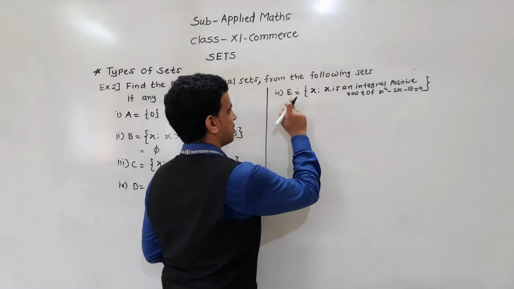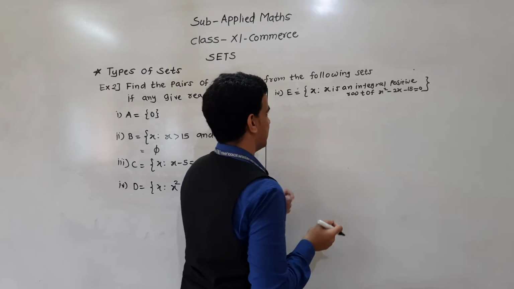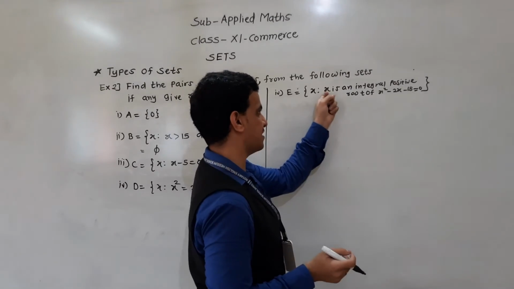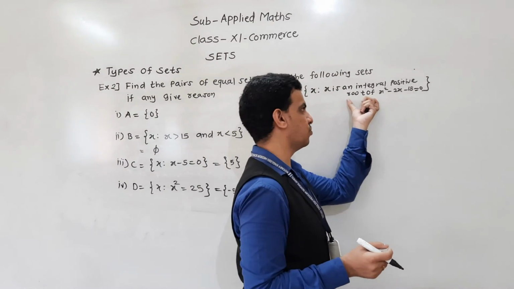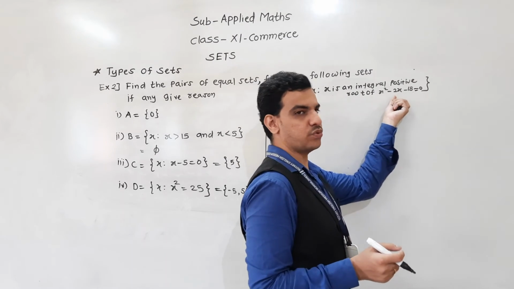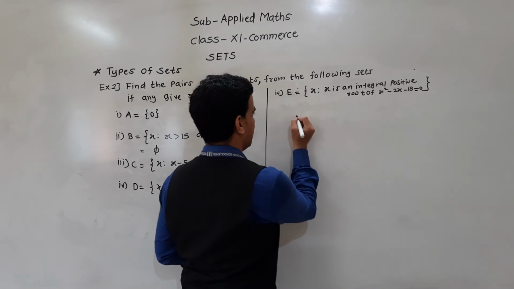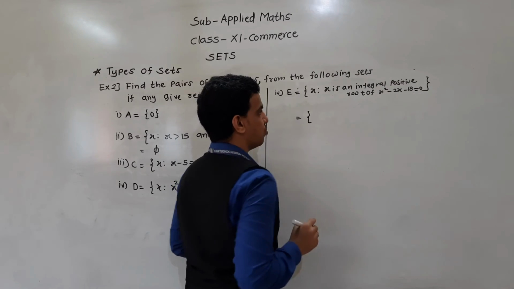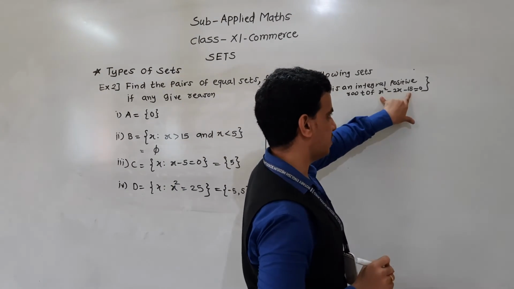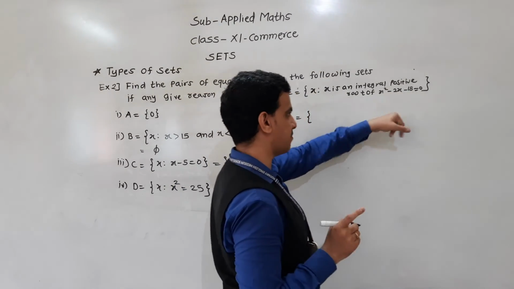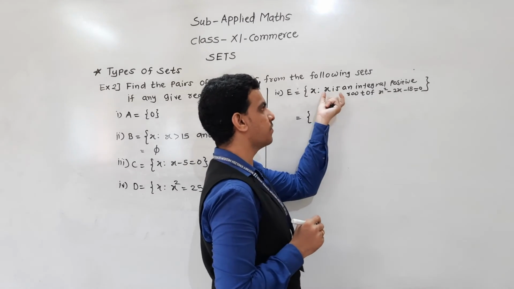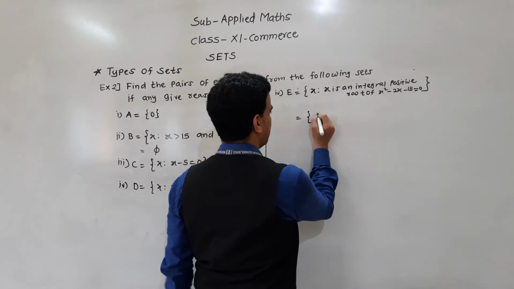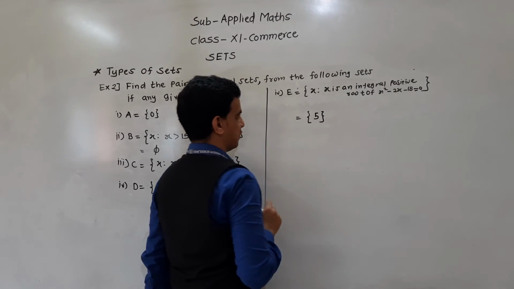Then set E is the set of all x such that x is an integral positive root of x square minus 2x minus 15 is equal to 0. If we find the roots of this, they are plus 5 and minus 3. We have to take only the positive root, so here only 5 is there.